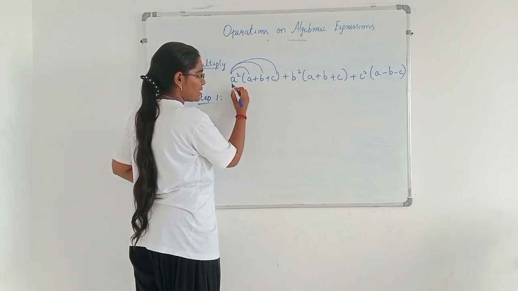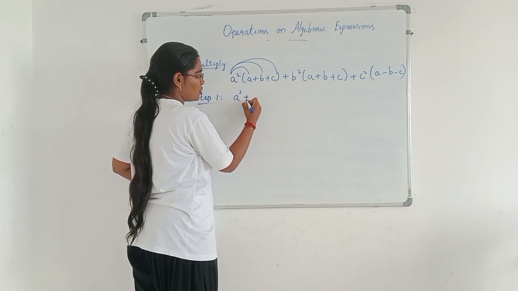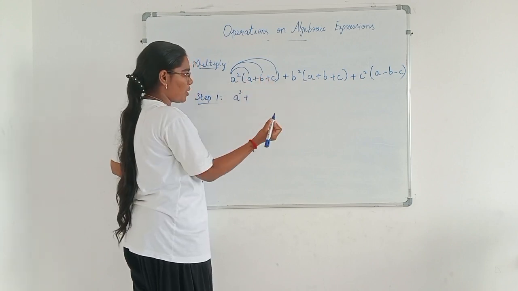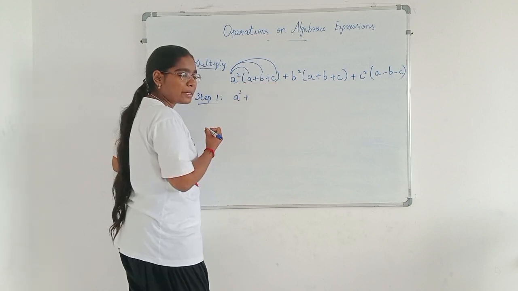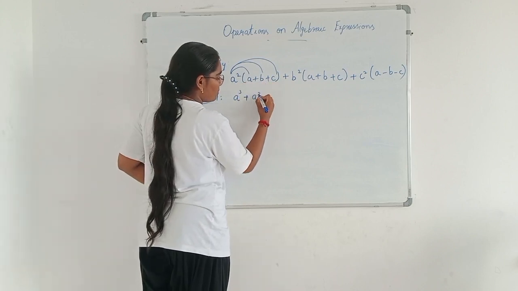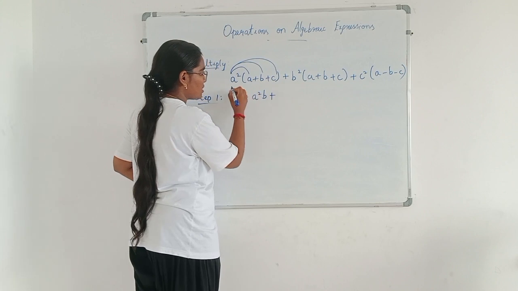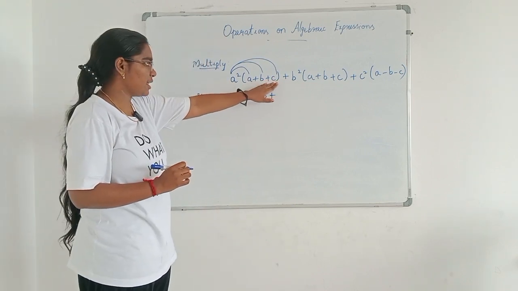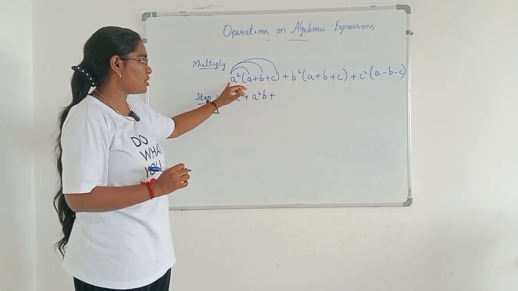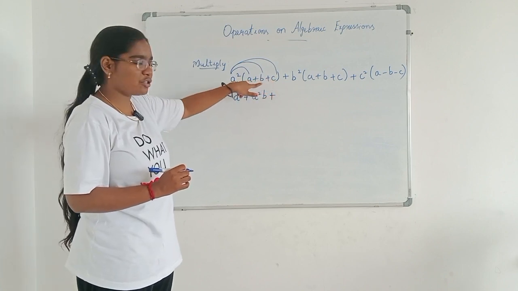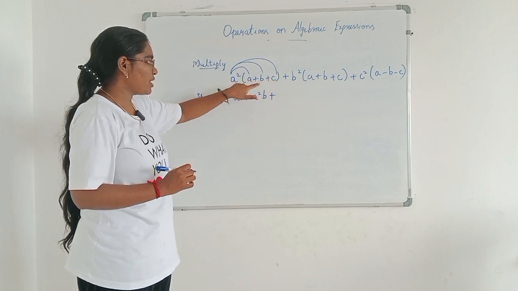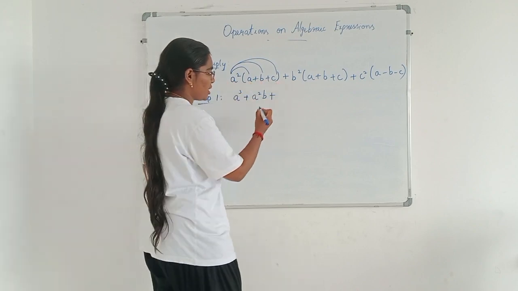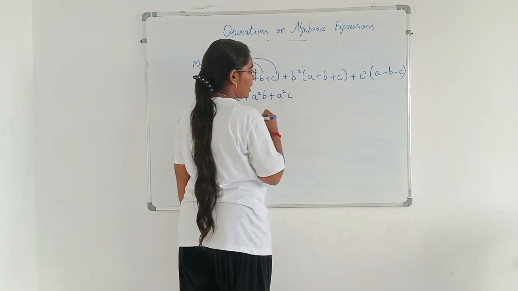A cube. Next, this is plus, this is plus. So plus, here 1, here 1. So 1 into 1, 1. Here a square, here b. So a square b. Here plus, this is a square, this is c. So while multiplying the plus into plus, plus 1 into 1, 1. So a square into c, a square c.